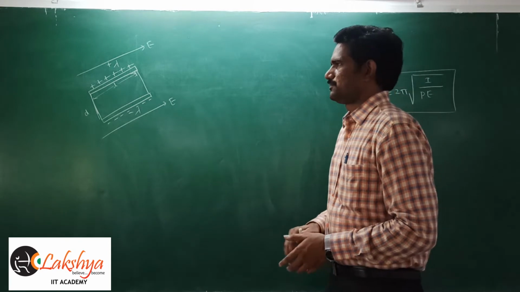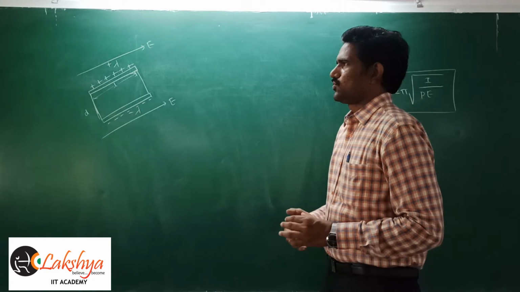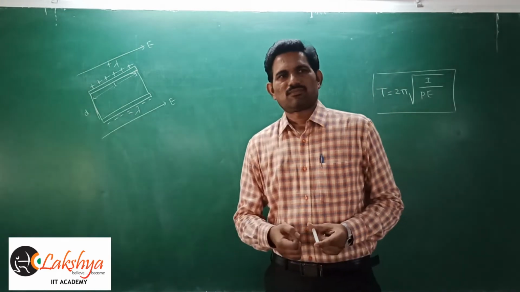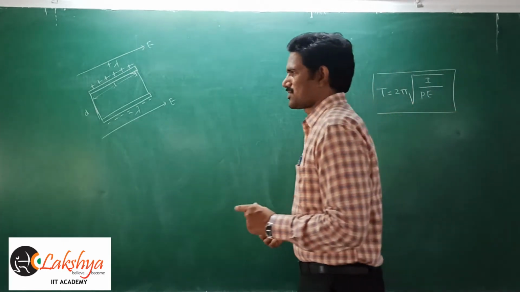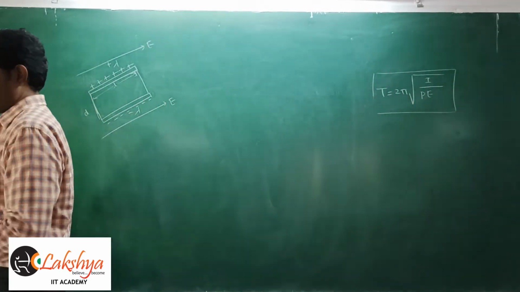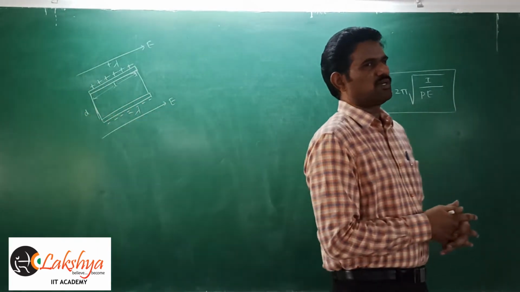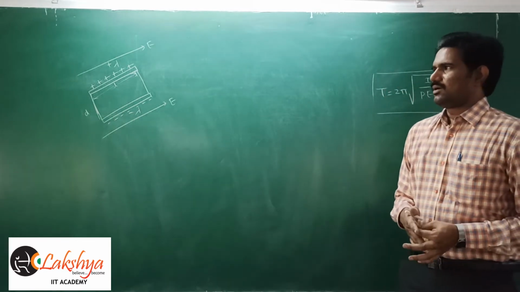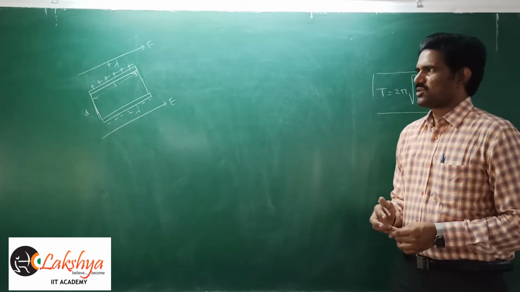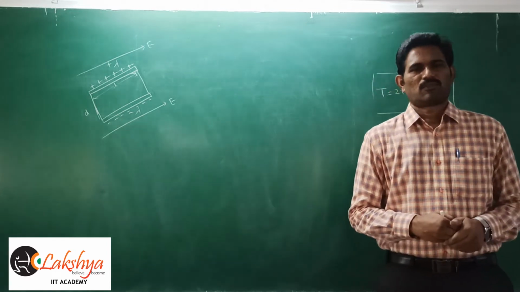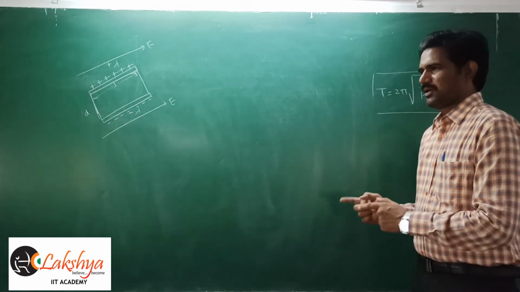So write that problem. Two identical rods, each of mass M and length L, are having uniform charge density plus lambda and minus lambda.